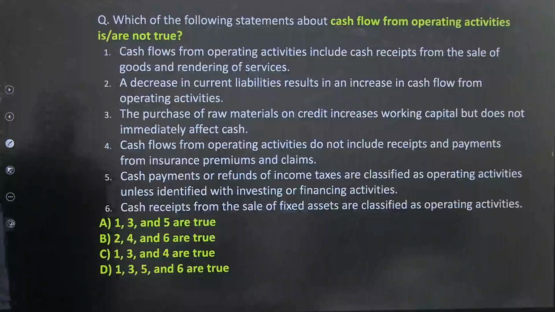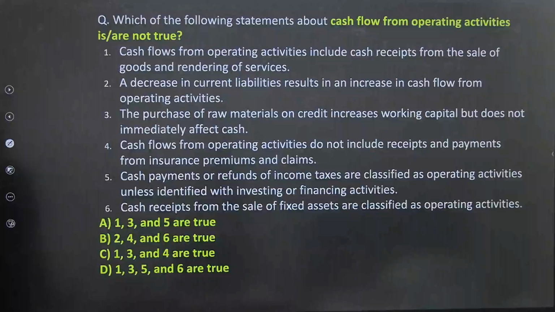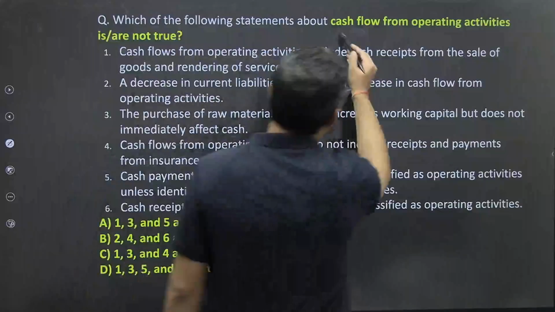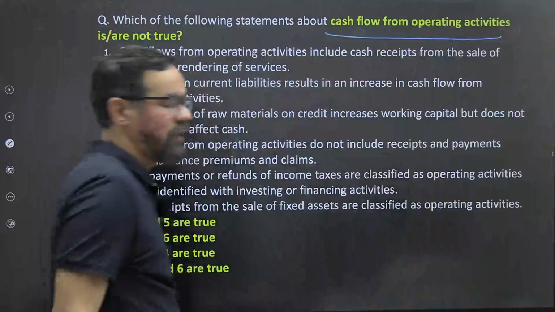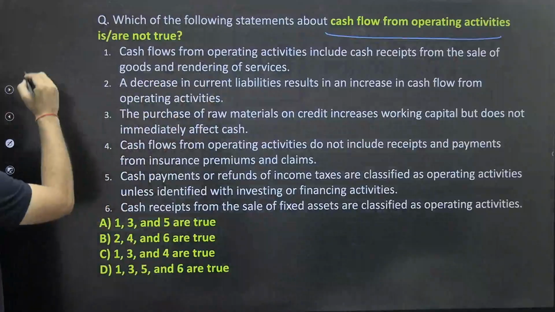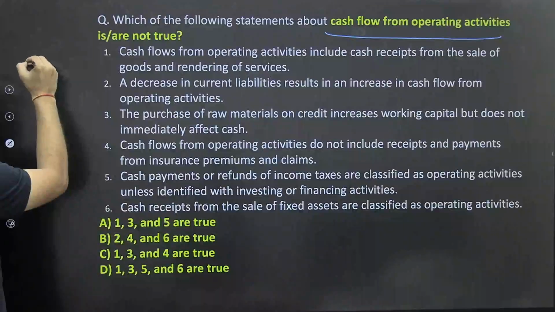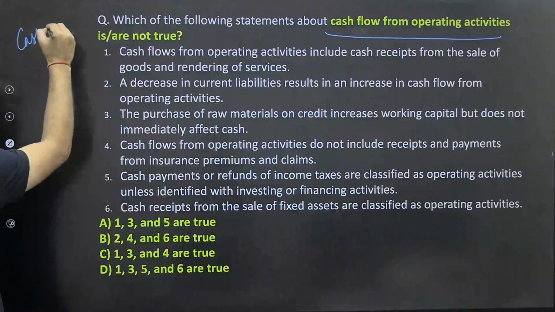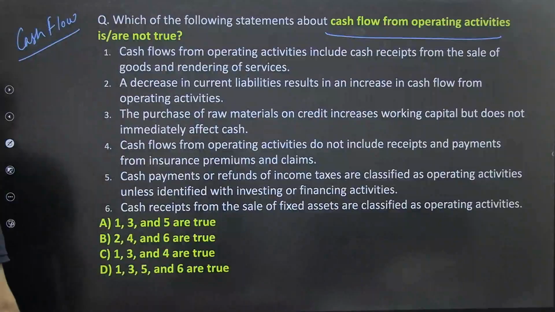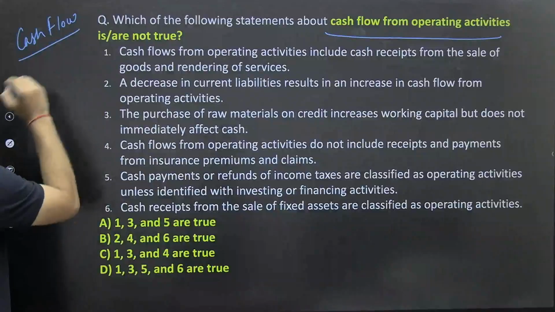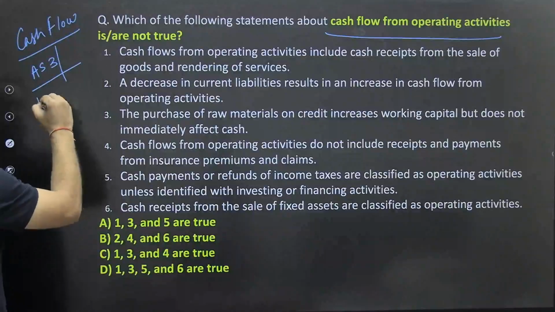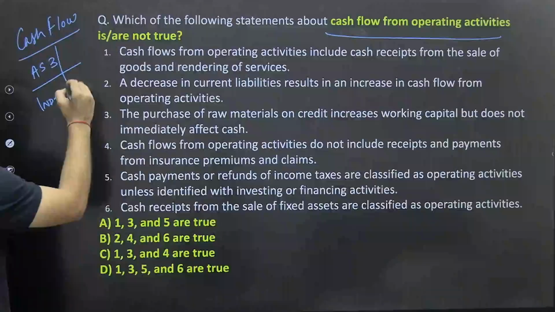So the first question on your screen, guys: which of the following statements about the cash flow from operating activities is incorrect? As I told you, when it comes to cash flow statement, our companies in India need to prepare a cash flow statement as per their financial reports, as per Accounting Standard 3 and Indian Accounting Standard 7.